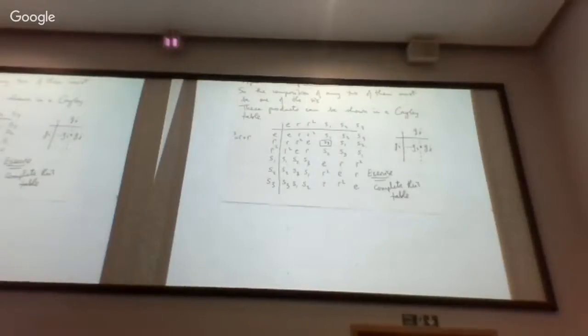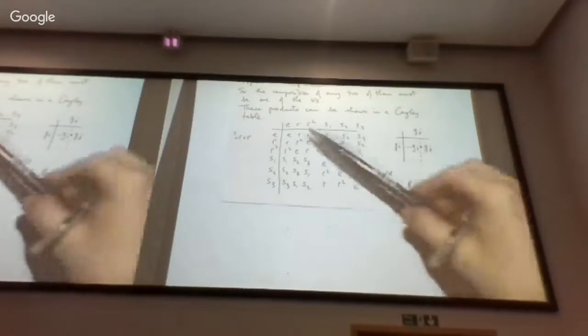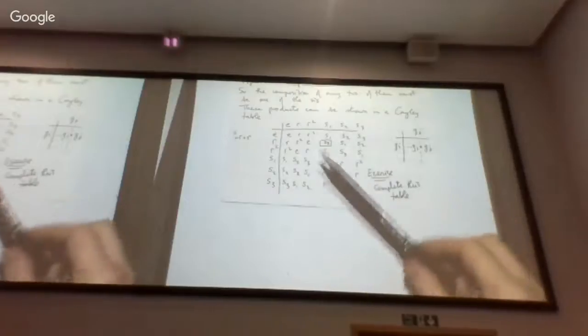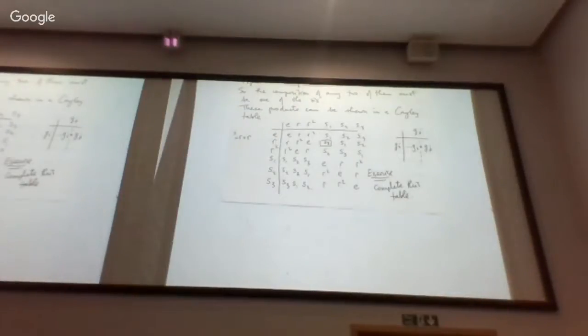So in principle, everything about the group can be derived from the table. The Cayley table is a complete description of the group as an abstract algebraic object. Okay. Any questions? Any clarification you'd like me to give you?